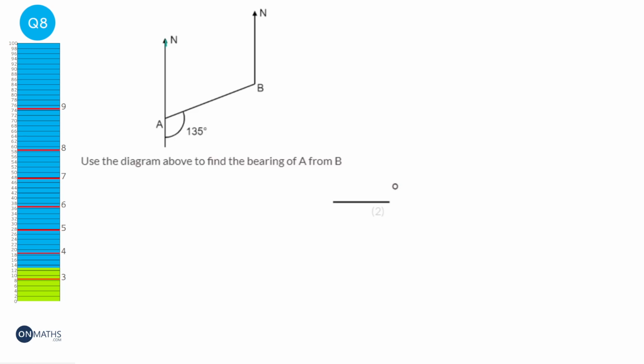Whenever you have north lines, they will always be parallel. So what we have here is a straight line going through two parallel lines, which are our two north lines, and therefore this angle here is going to equal this angle here. And the reason for that is that the two angles are alternate, they're z angles.